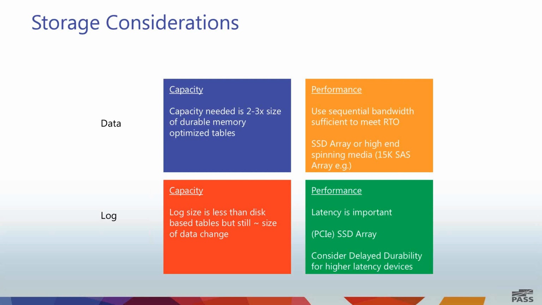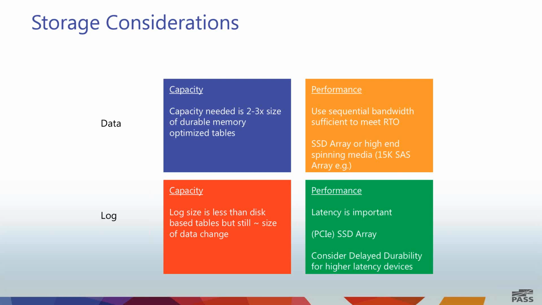And in terms of performance, what type of device to use, the main consideration here is your RTO. That means you want your recovery to run fast, and you have certain RTO requirements.